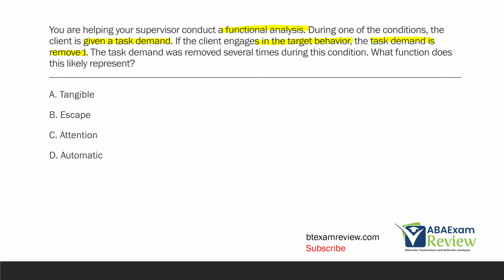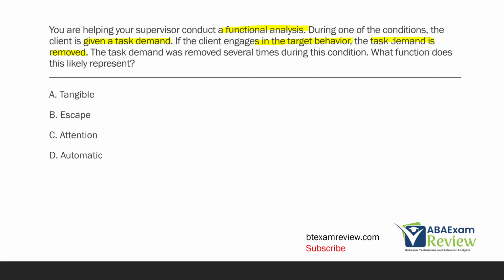Well, because when you give a demand, if the target behavior happens and you remove the demand, right, that's likely going to be for escape. And that's how a functional analysis works. If this said instead, excuse me, the client is given attention when the client engages in the target behavior, that would be the attention condition.